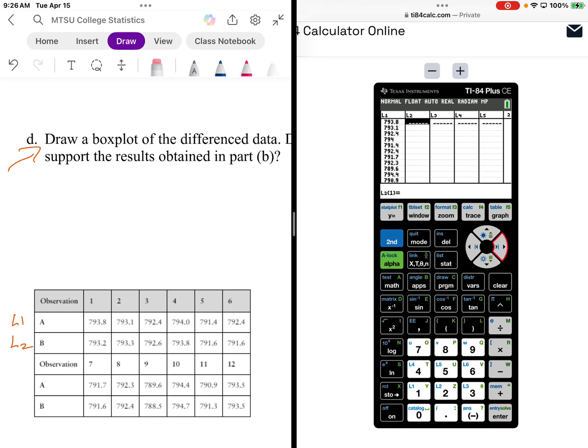Again, you do need to make sure that you pair them up correctly, because we're trying to make sure we subtract the associated values from each other.